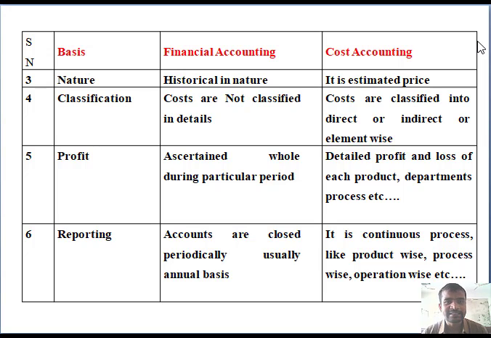Next, number six is reporting. Financial accounts are closed periodically, usually on an annual basis, or maybe on a quarterly basis, half yearly basis, or yearly basis. But in case of cost accounting, it is a continuous process, like product wise, process wise, or operation wise.